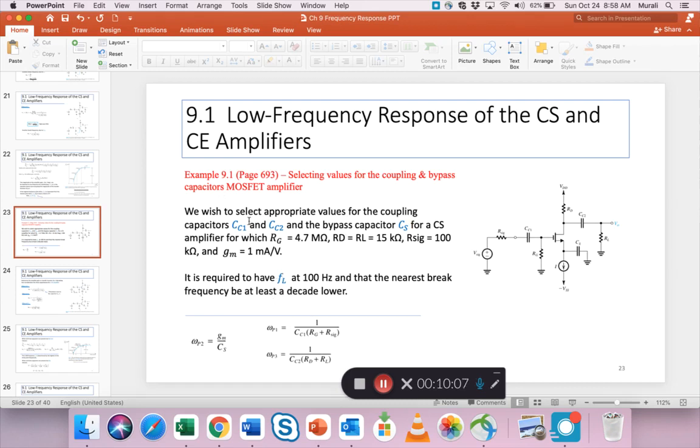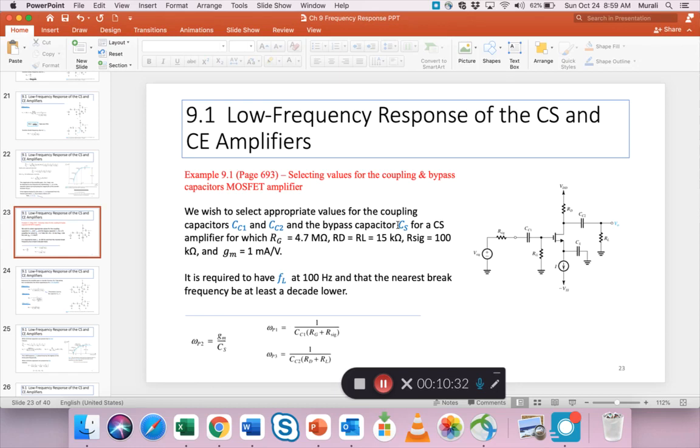But you can't ignore CC1 and CC2 also. They have to follow certain rules. The break frequencies created by these two have to be much lower than the break frequency created by CS. If you satisfy that condition, then you have met all the rules that we just learned about.